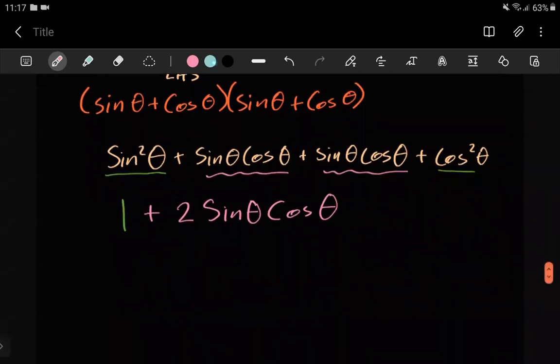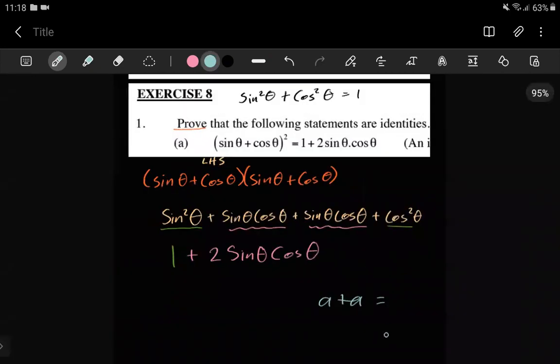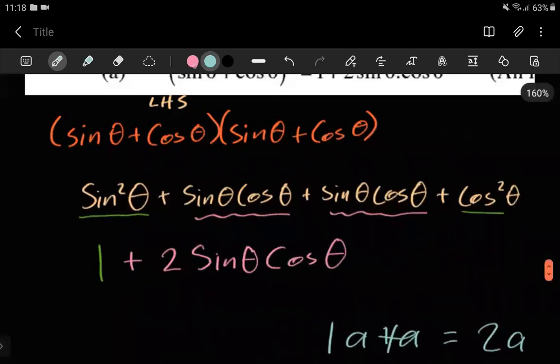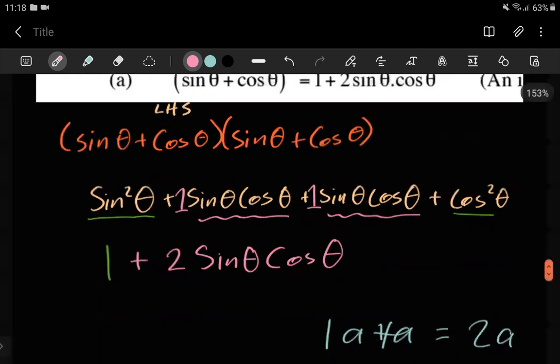It's just like saying A plus A. What is A plus A? 2A, because you have 1A plus 1A. Here, you have 1 of this plus 1 of the same thing. So 1 plus 1 gives you 2 of that thing. You see? There we go. That's the idea.